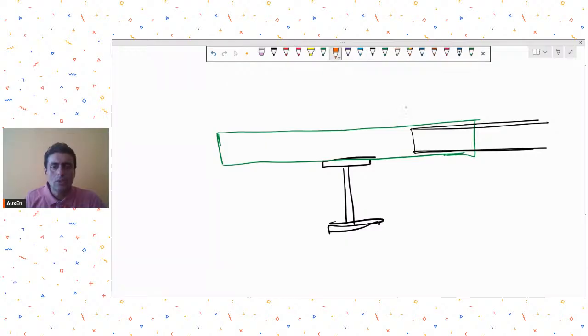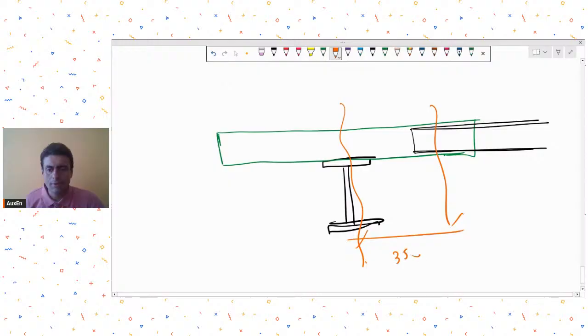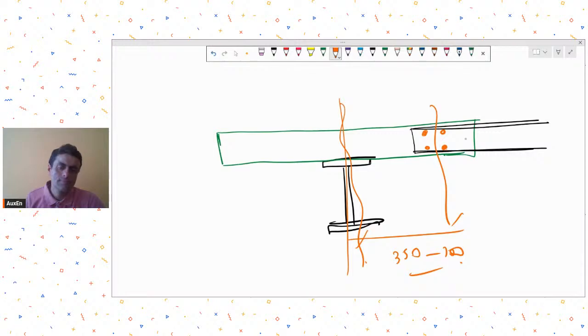Usually that slot is not provided over the rafter. That slot is usually provided some 350 to 370 or 700 mm away from this rafter. And these slots are, I think, 6 holes or 4 holes or 8 holes like that.